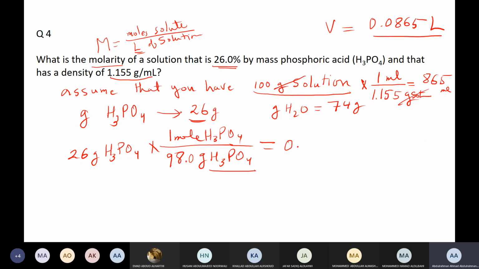0.265 mole. Anybody got the same answer? Yes, I got the same answer. Good. Then, very simply, what is the molarity?